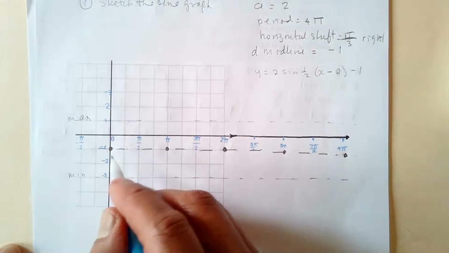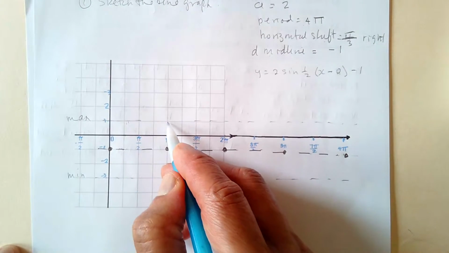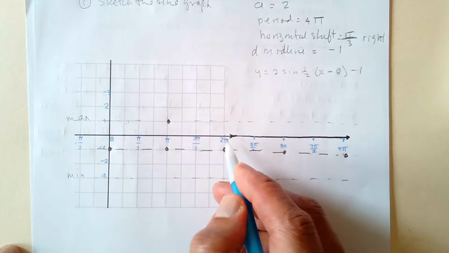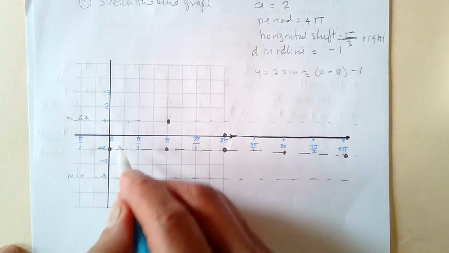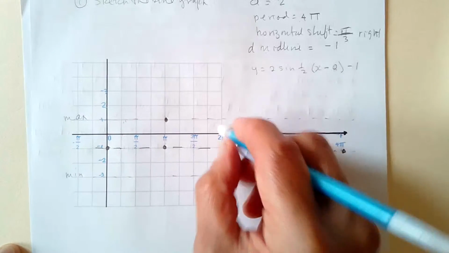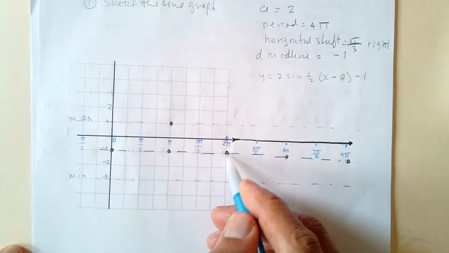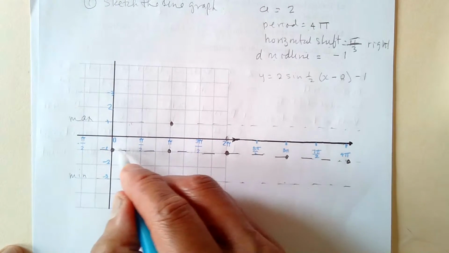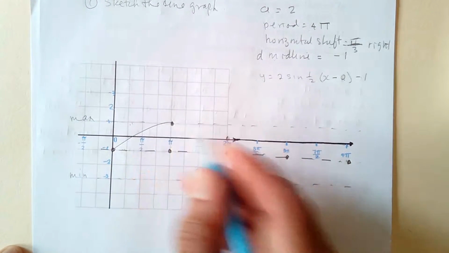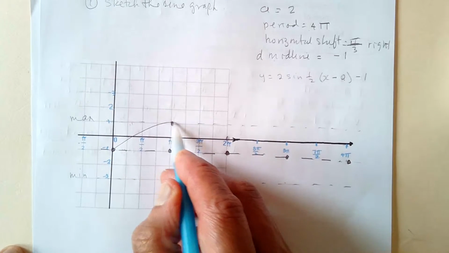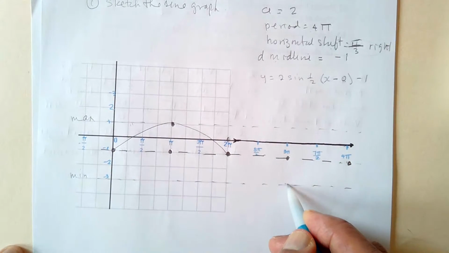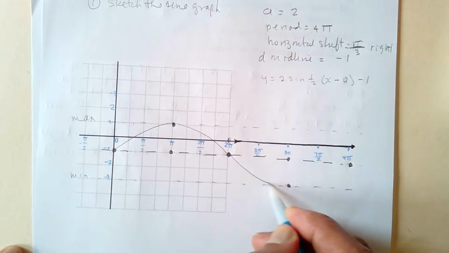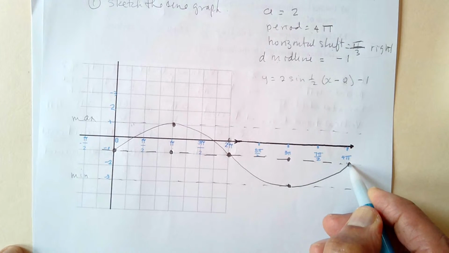So let's do that here. A point here, this is our maximum. Back to rest here. Oh, no, the midline is down here. Okay. So let's do that. We have our first point, come back to rest, and then we go to the minimum here and back to a midline.